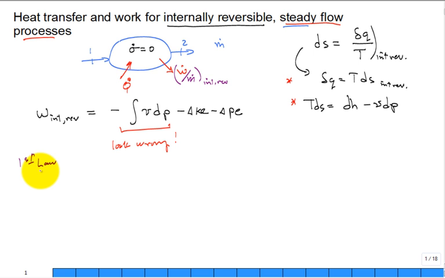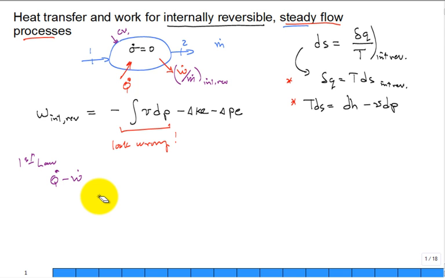And so what does the first law look like for this control volume right here? It looks like something like the rate at which heat is flowing into the system minus the rate at which it's flowing out. I'll put a CV on that work now. I'll just leave it off.